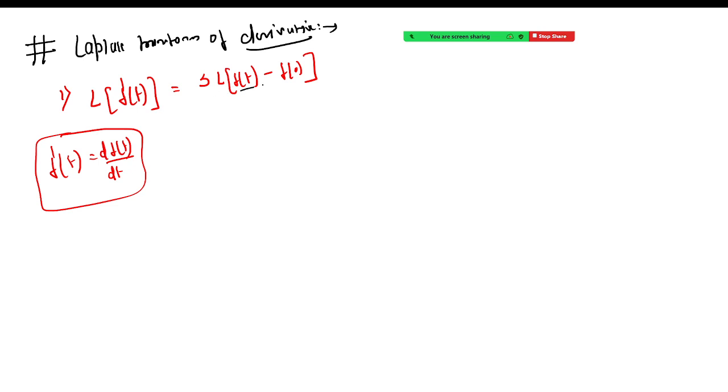transformation. Since this one is one function and this one is the second function, I can use s into Laplace of f(t) minus s into f(0).